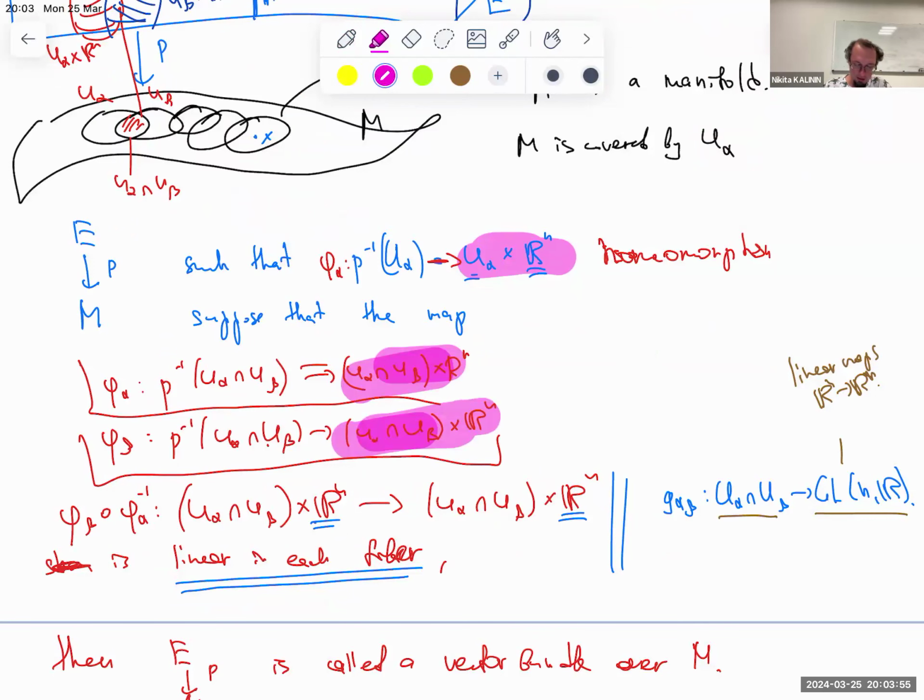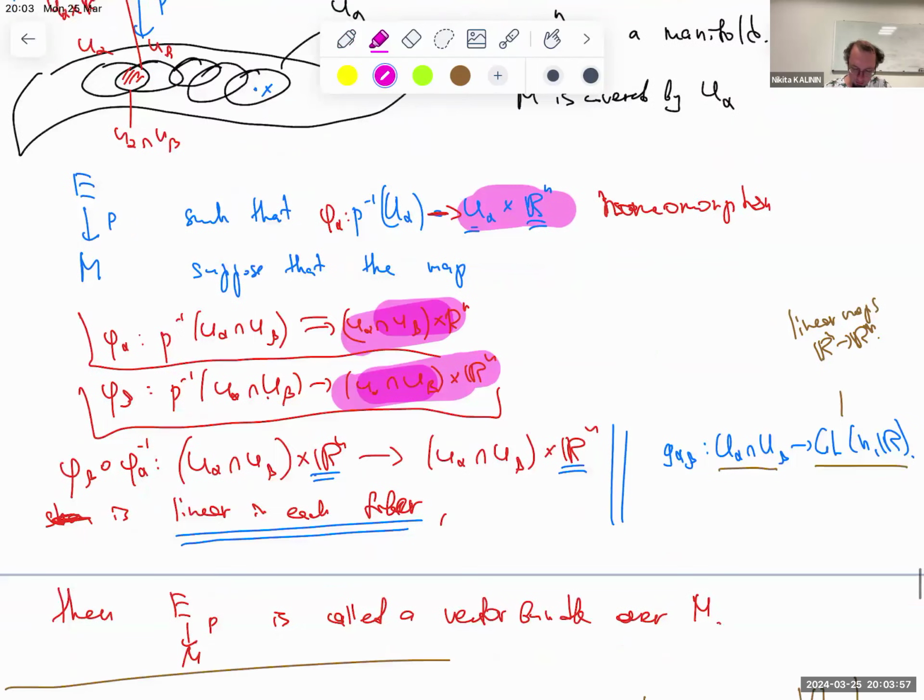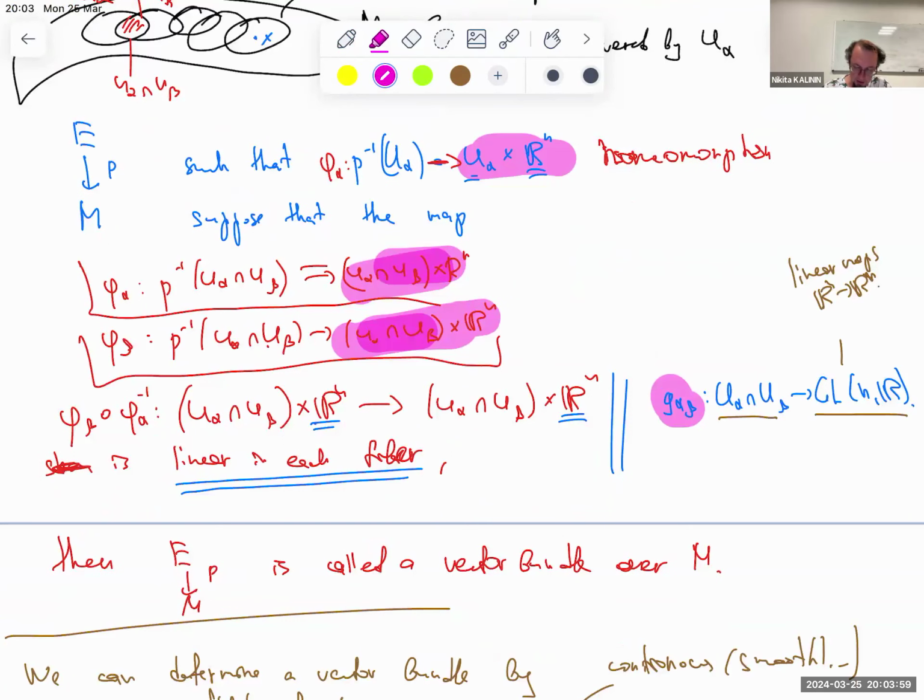So you can ask these maps G alpha beta to preserve the metric on fibers. Because if you already have this metric defined, then naturally the map phi beta composed with phi alpha inverse sends a fiber to itself and preserves the metric. And so this map automatically belongs to ON.